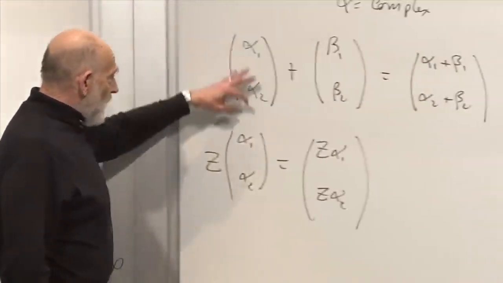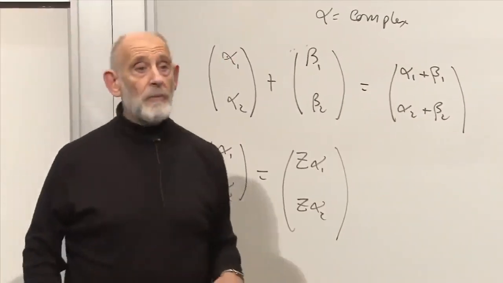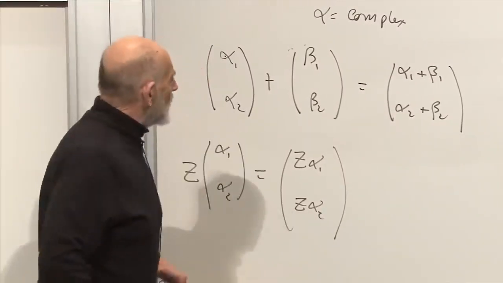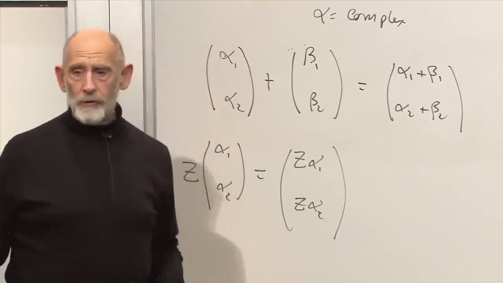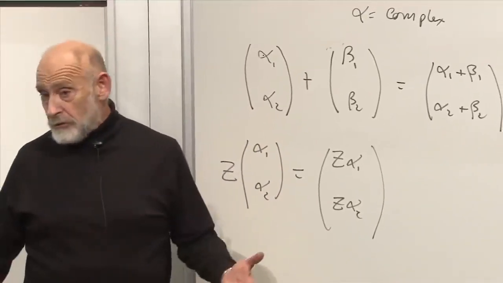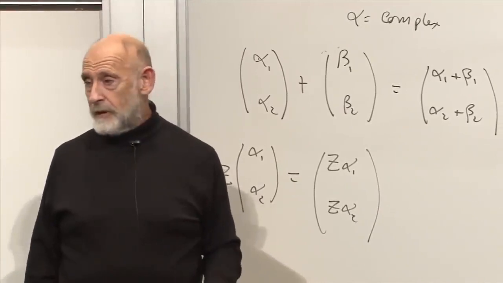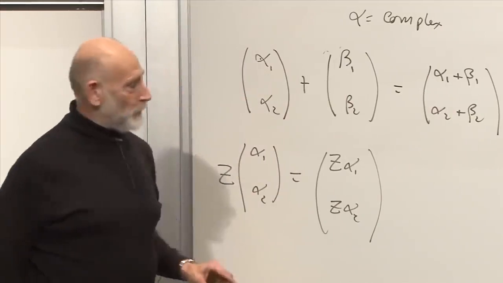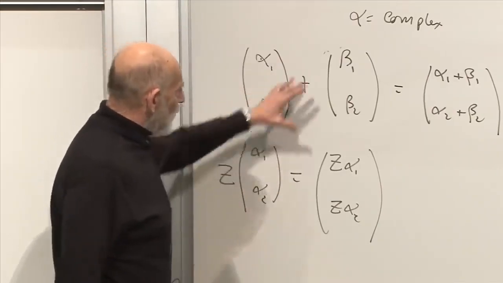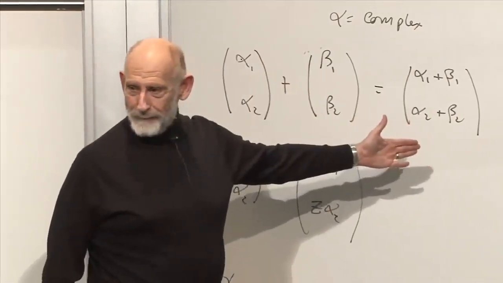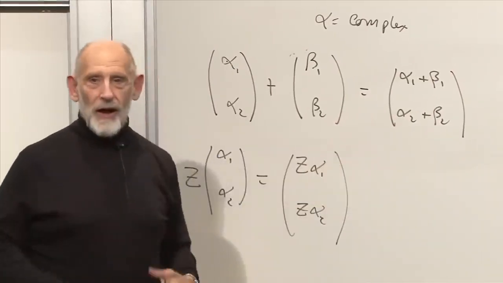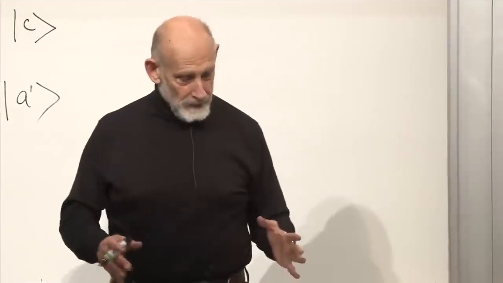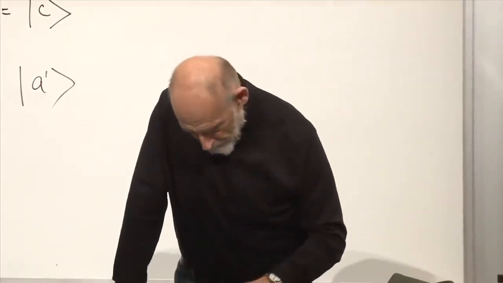So just pairs of complex numbers like this form a vector space. It's a very abstract concept, but not very hard. How about triples of them? Sure. So any length of column like that. Now what you don't want to do is add a column of 2 to a column of 3. You don't have a rule for that. So columns of different length form different, completely different abstract vector spaces.